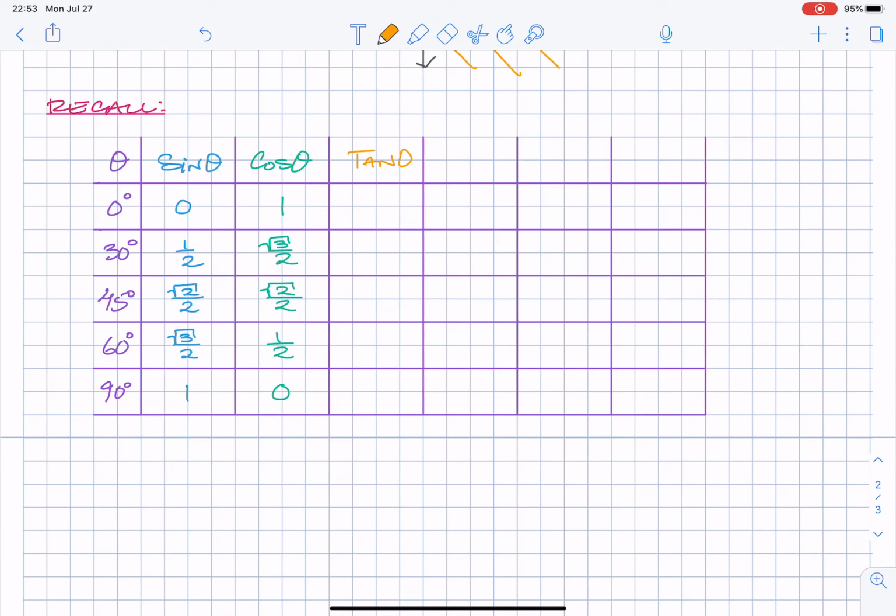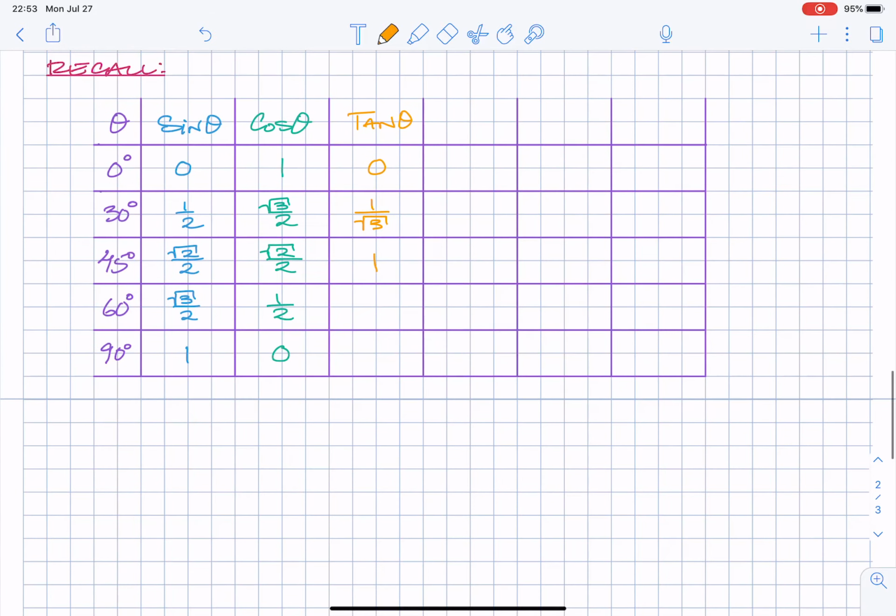So tangent of theta, 0 over 1 is 0. 1/2 divided by root 3 over 2. The 2's reduce, and I'm left with 1 over root 3. Then 1, anything divided by itself. This next one reduces to root 3, and then thou shalt not divide by 0. So tangent of 90 degrees does not exist.